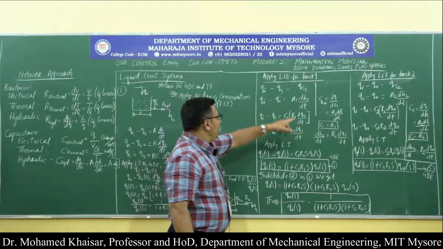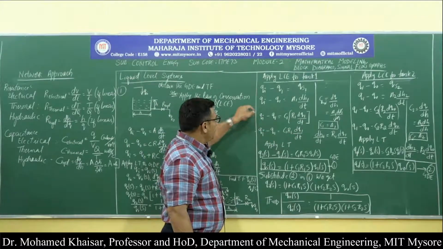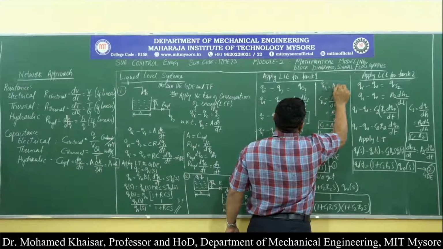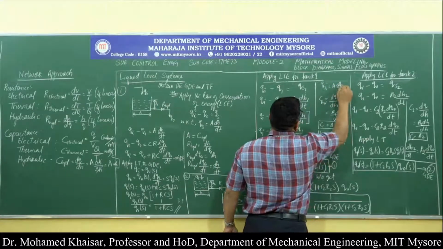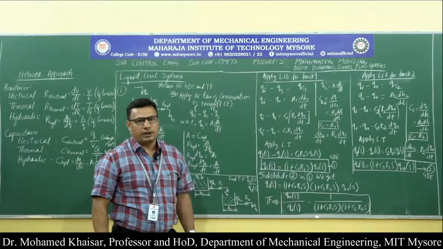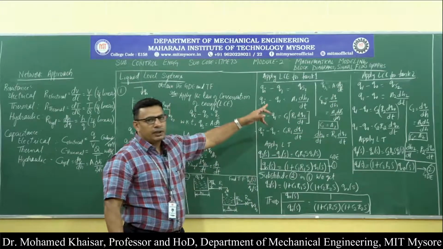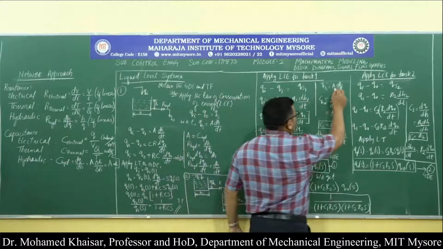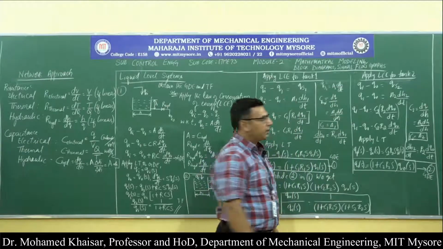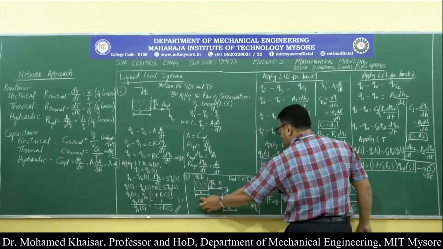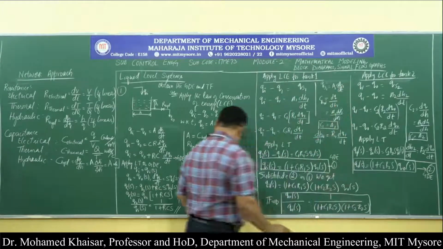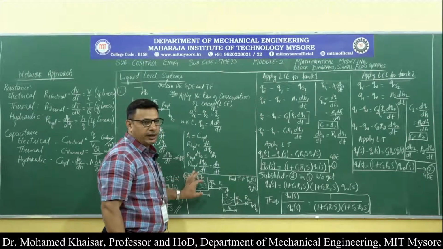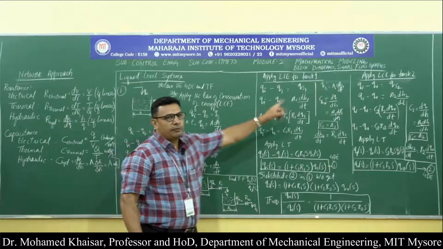Now, we also know that QS1, the quantity of fluid stored in tank 1, is equal to the surface area of the tank A1, as given in the problem, times the change in head dH1 with respect to time.